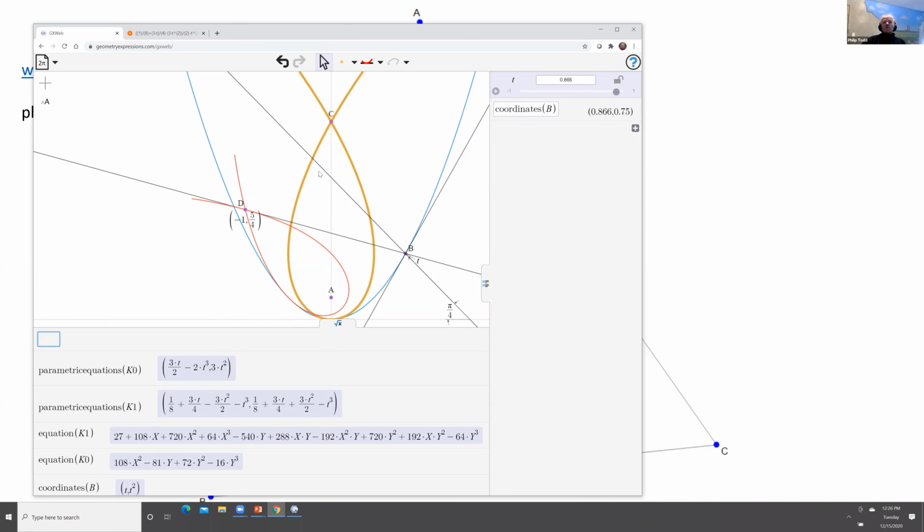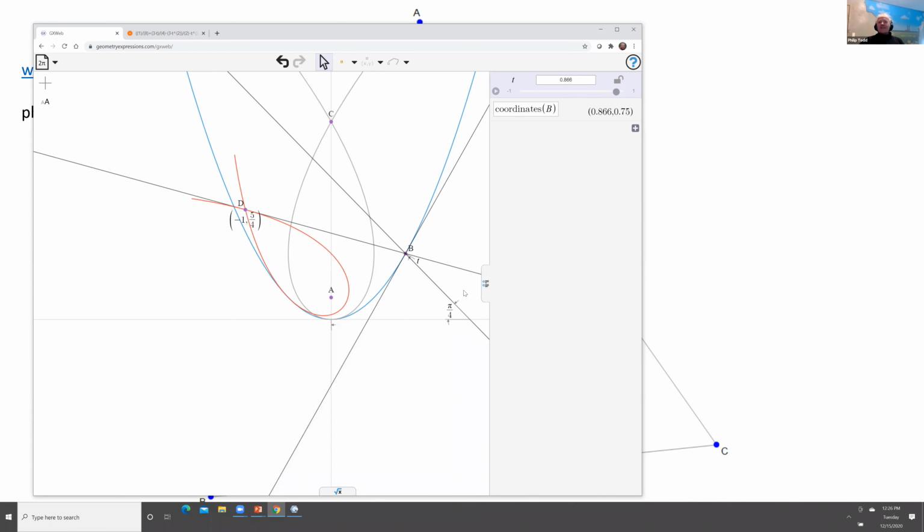The x coordinate in this case we want to be 0, and so we're solving the equation 3t over 2 minus 2t cubed equals 0, or t squared equals 3/4, or t equals √3 upon 2. So we have two data points which say that the location t equals √3 upon 2 contributes this double point to my caustic.